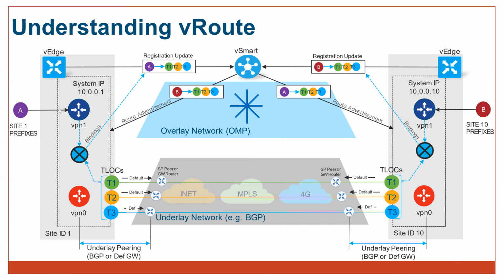I will create one route in one of the devices and show you how it is reflected to vSmart and then to the other side. That is the lab I will show you in the next class with some theory. If you have any doubt, please ask. Let me pause the recording.